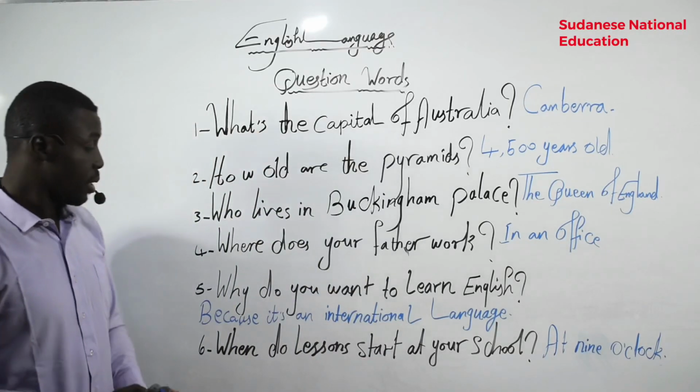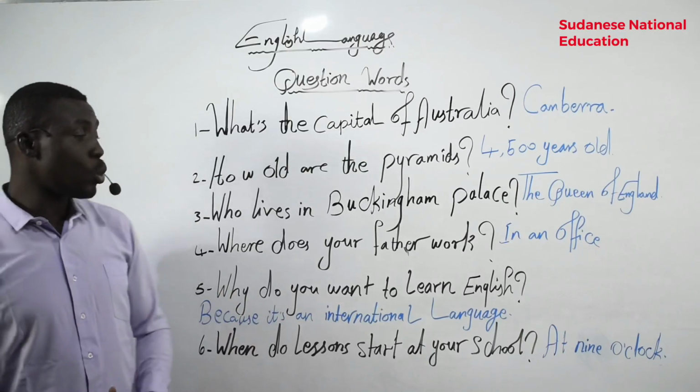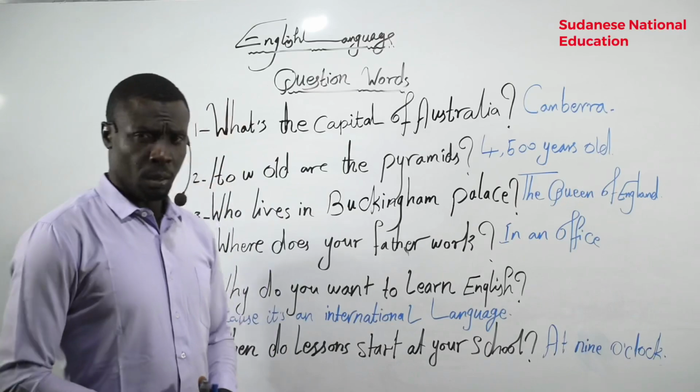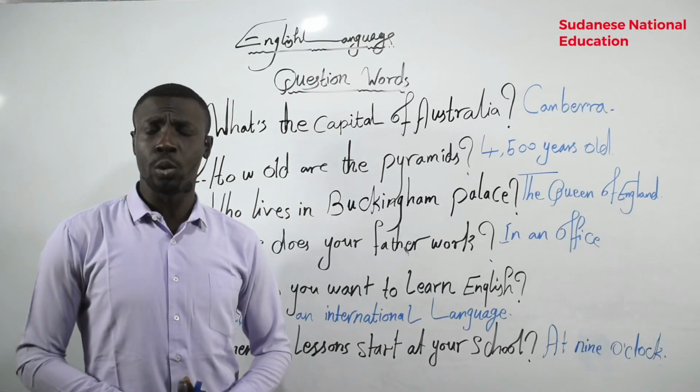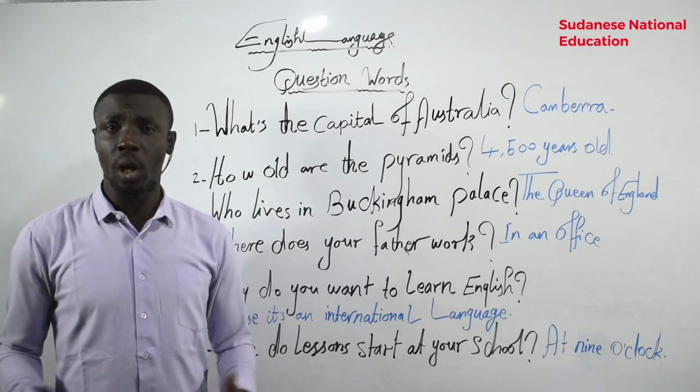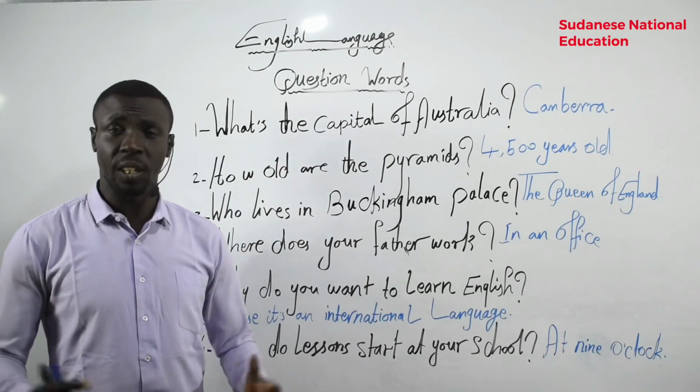Number 5, why do you want to learn English? There are different reasons. If we ask different people to answer this question, why do they want to learn English, you might find different answers.